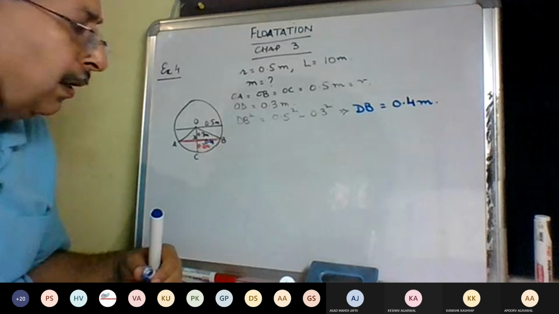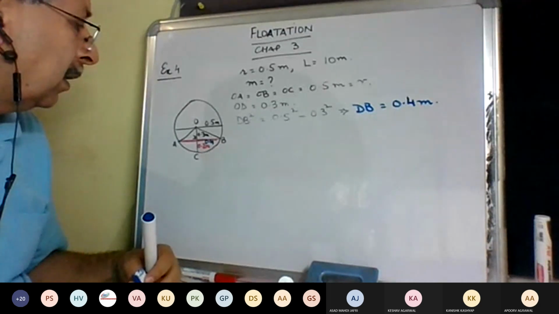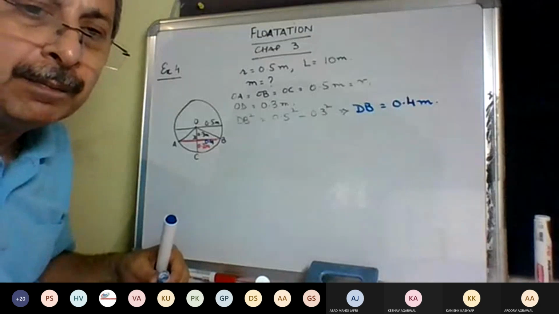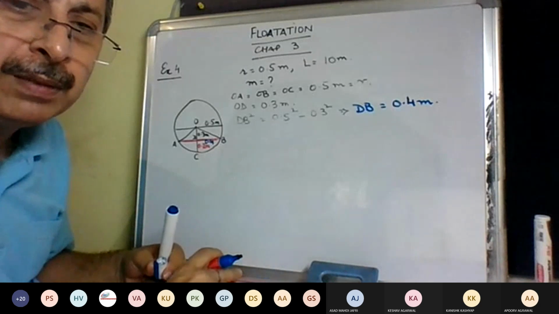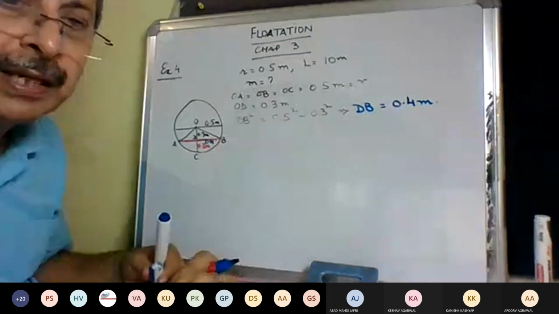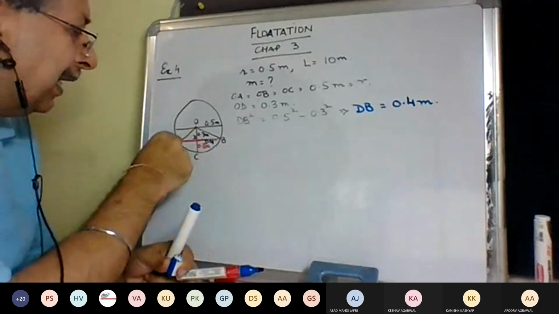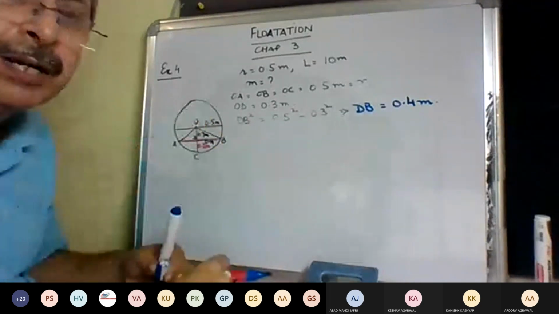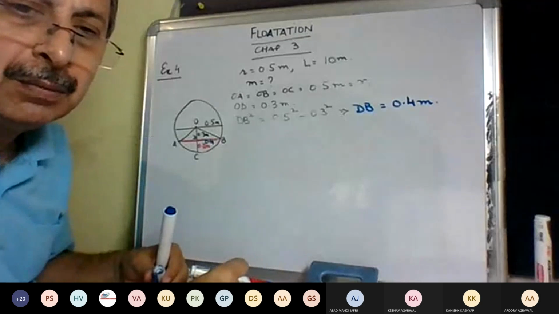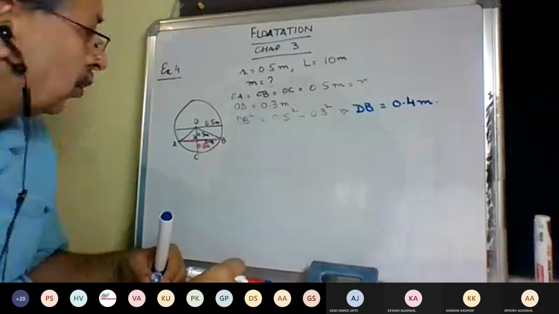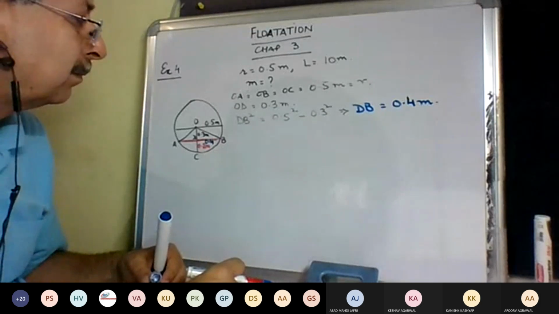And then I want to find out the area of the segment ABC. And from that, I want to calculate basically. So if I have the area, I am interested in the underwater area basically, because therefore I'll get the underwater volume.